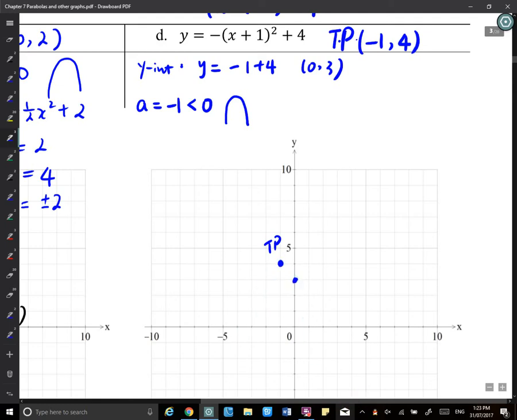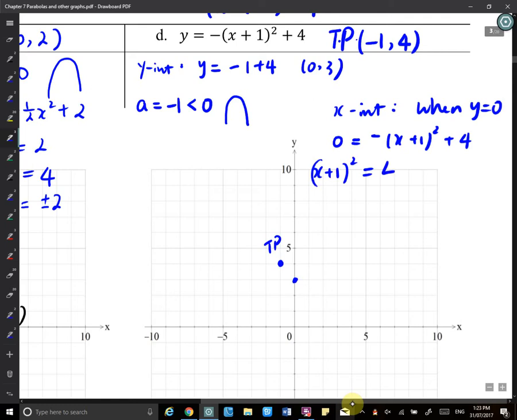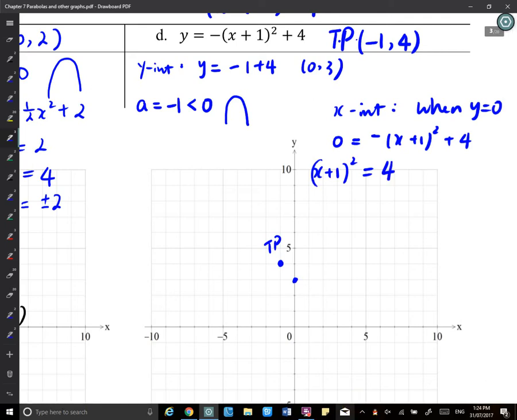So I'll solve for the x-intercepts when y equals 0. I will have x plus 1 squared equals 4. What does x plus 1 equal?